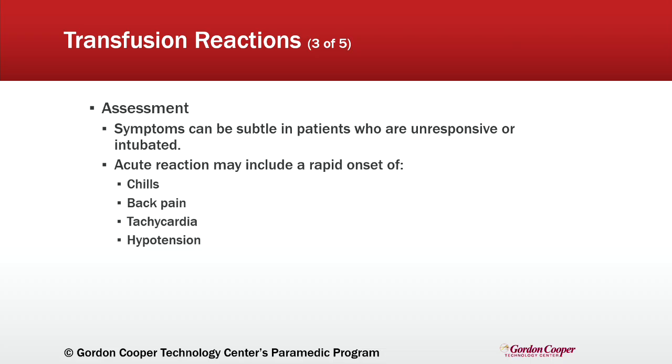Signs and symptoms of a reaction can be subtle, especially in patients that are unresponsive, intubated, or in trauma patients, because some of the reactions patients might have are very similar to what you would expect if they had a low blood volume and we needed to replace blood. So during an acute reaction, we want to look for a few things.